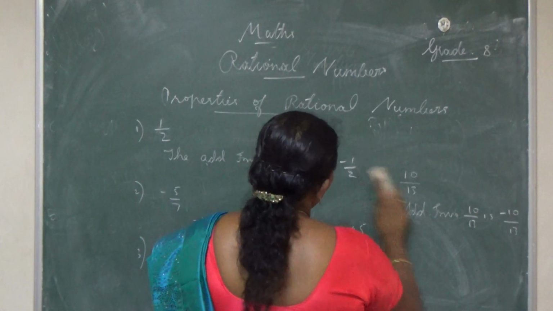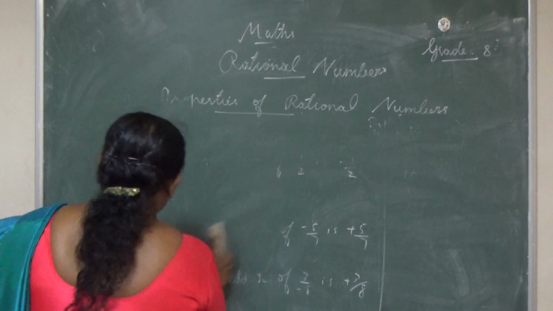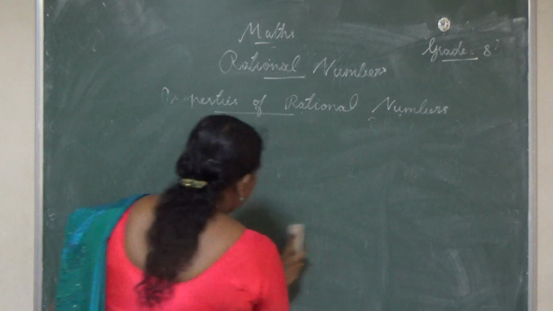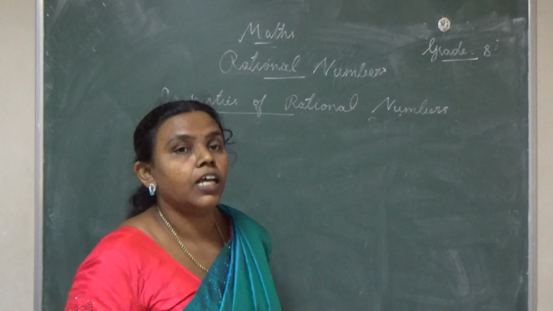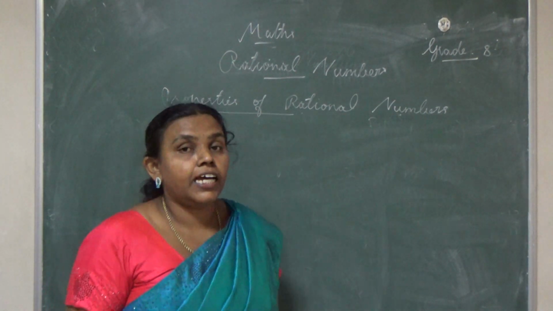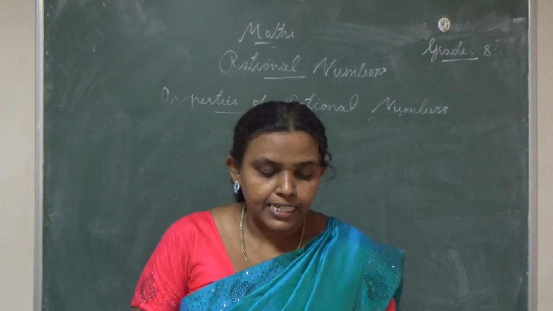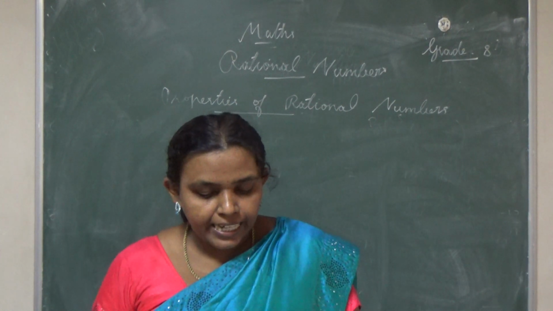Okay? Now, we are going to do one word problem. Okay, by that we will finish. Properties of rational numbers under addition. Okay. So, I'll read a question, that is example 2 in your book.